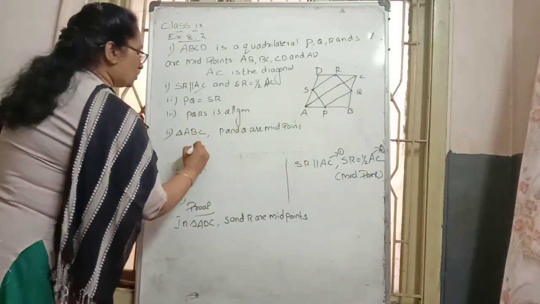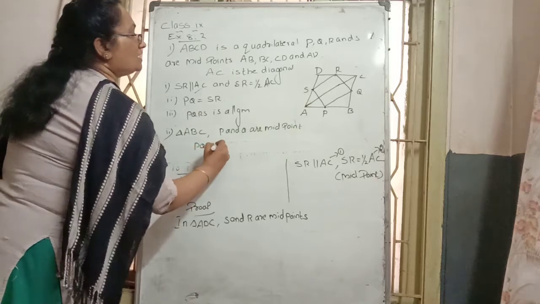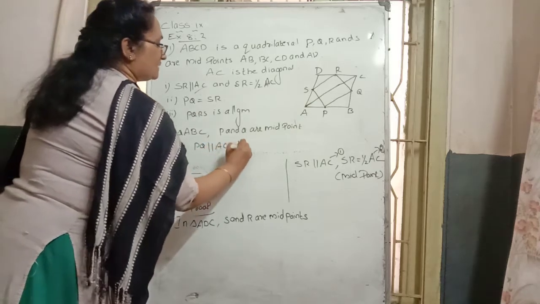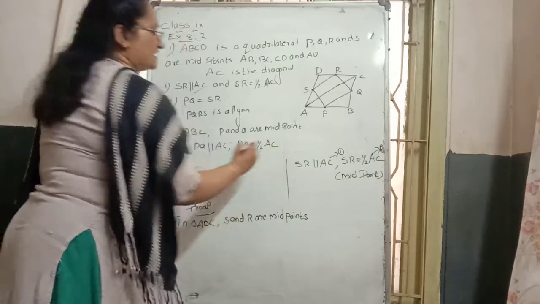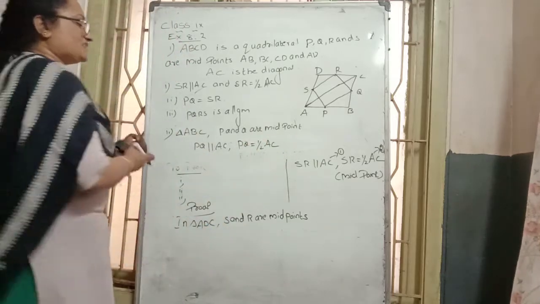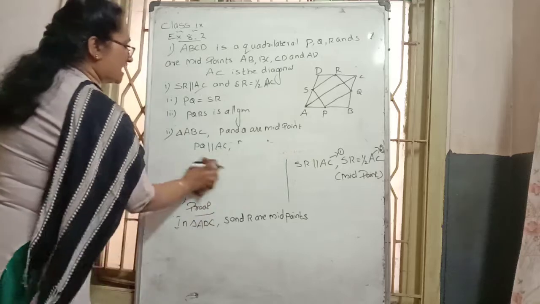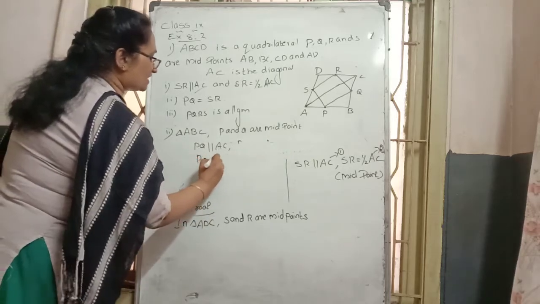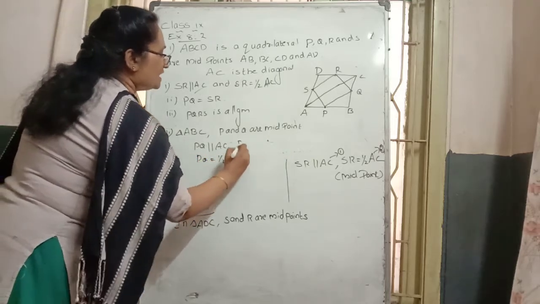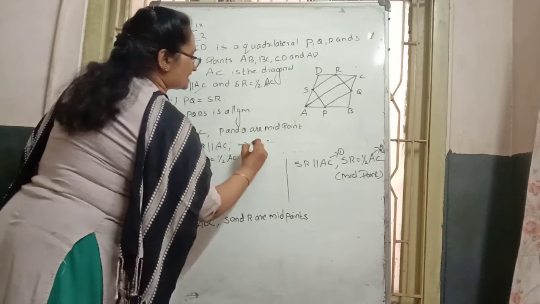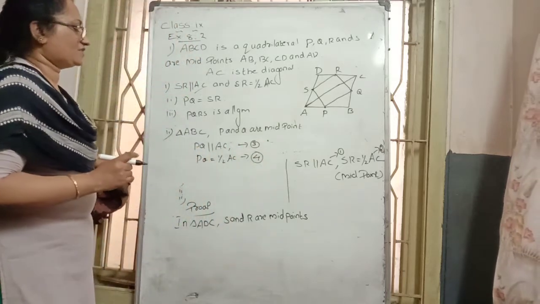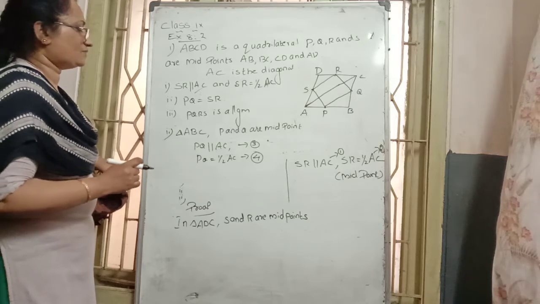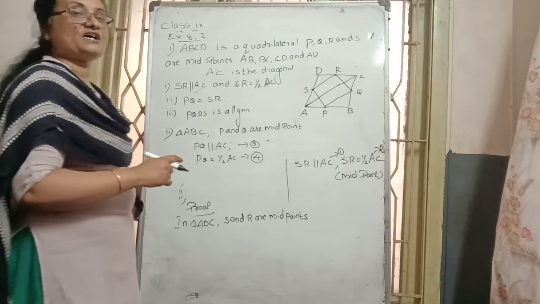So PQ is parallel to AC, and PQ is equal to half of AC. We mark these as equation 3 and equation 4.